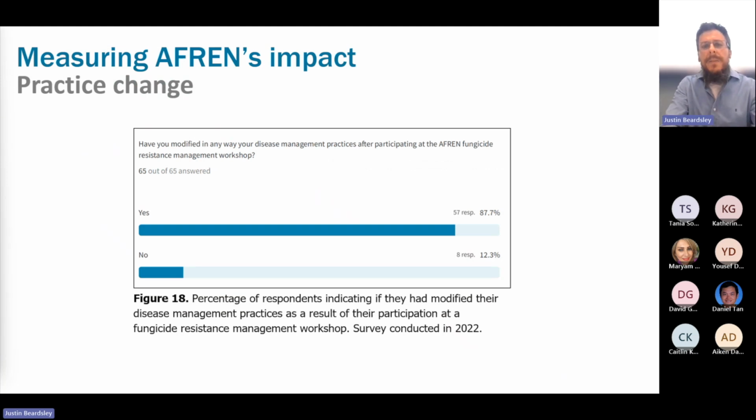These are agronomists that attended a workshop that we conducted here. You can see their response to whether they had considered changing their management practices after attending the workshop. The majority, close to 88%, were considering that.